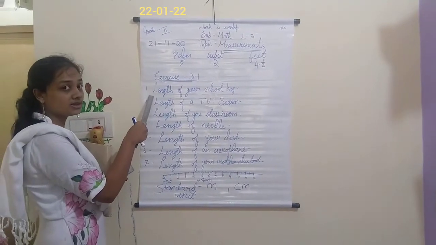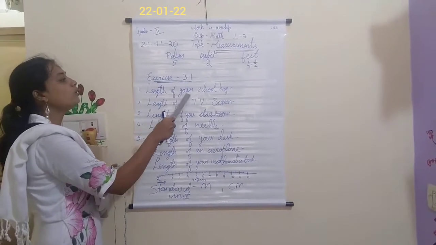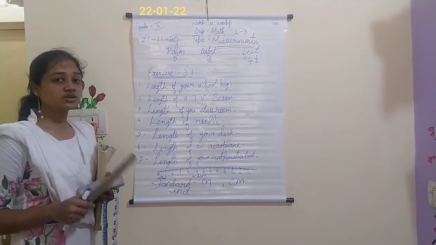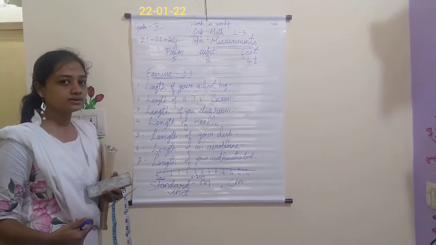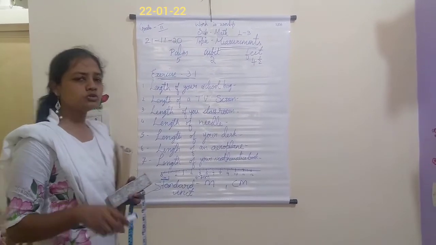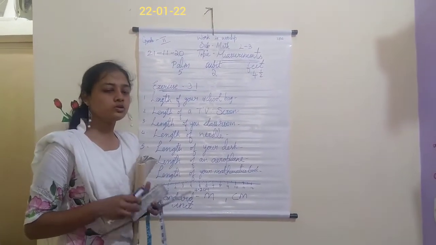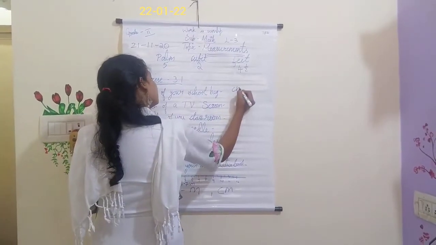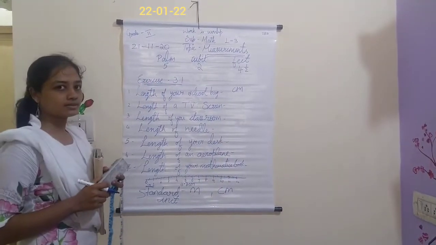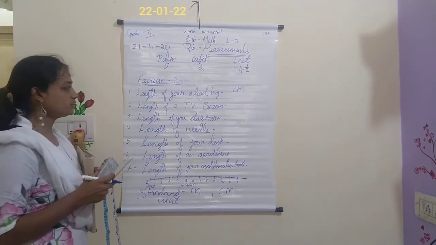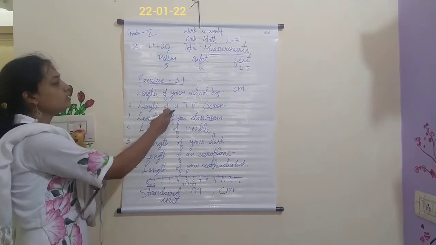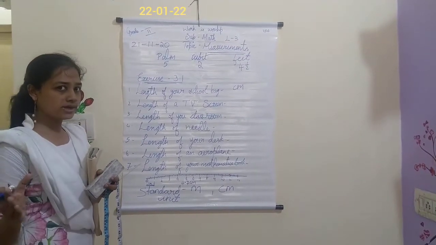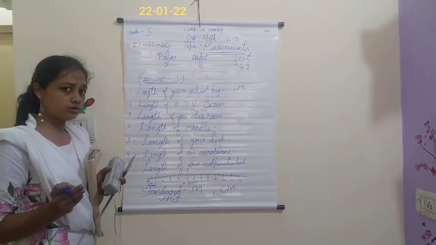The first question is the length of your school bag. Your school bag, will you measure it in meters or centimeters? Your bag is not too big, right? So you can use centimeters to measure it. And then come to the next one. The length of your TV screen. It is not too big, but it is not too small also.